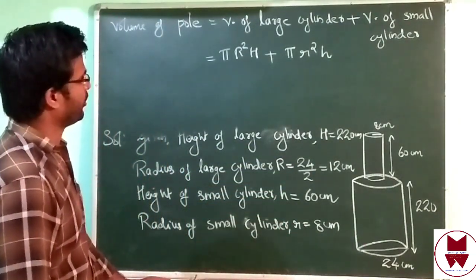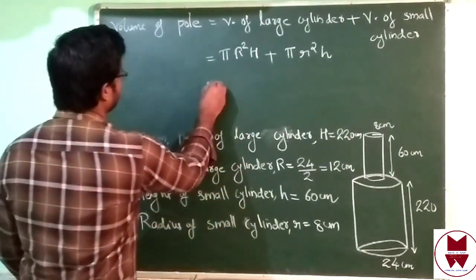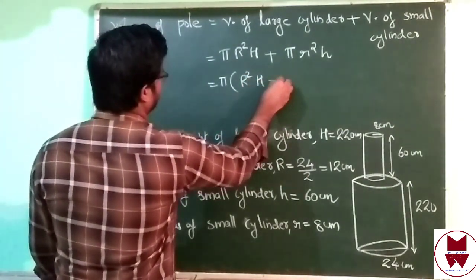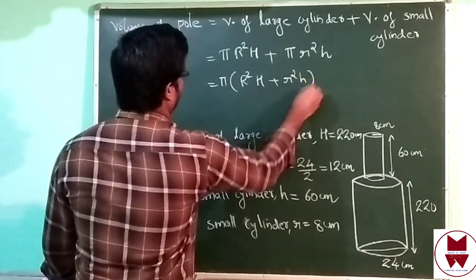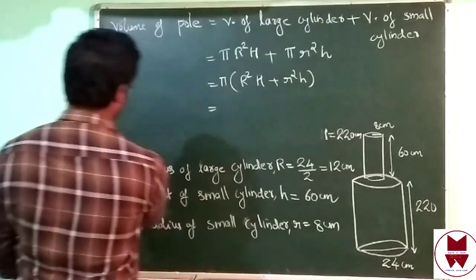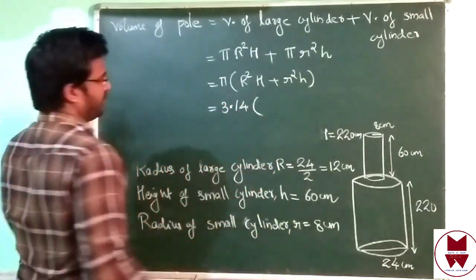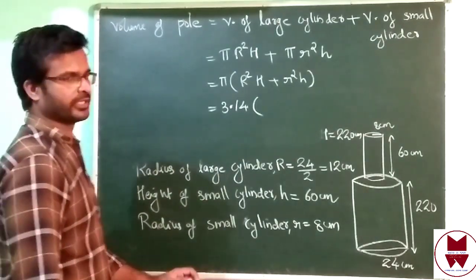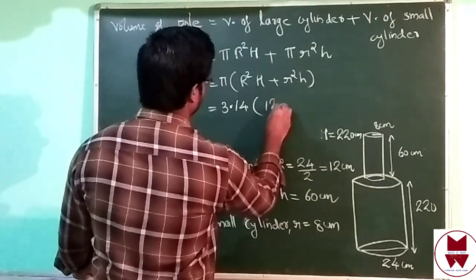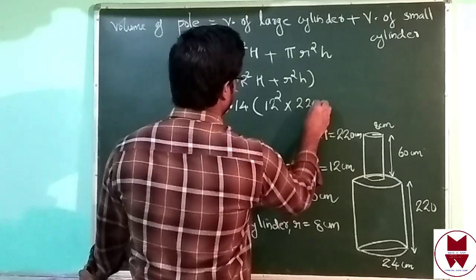Then here we can see pi is common, isn't it? Take pi outside. Then remaining r square h. Then give all the values. Pi means 3.14, don't use 22 by 7 because it is already given in the question. Then r square is 12 square into capital H is 220.